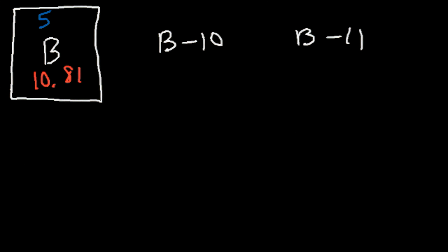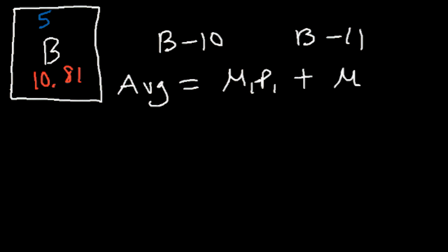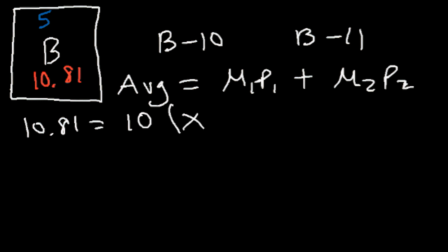So we're going to start with the same equation. The average is equal to M1P1 plus M2P2. The average is 10.81. The mass of the first isotope is 10, and the percentage, we're going to call it X. Now, it's important to understand something. Let's say the B10 isotope is 70%.